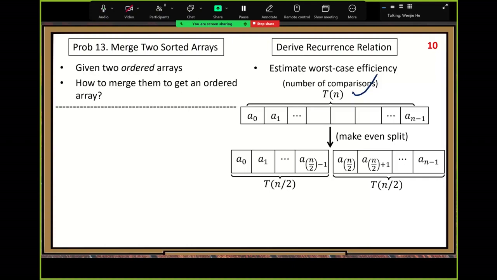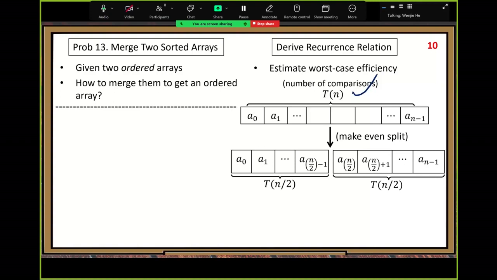After you conquer each subarray, you need to do more work, right? You need to merge two subarrays. What is the merge cost? Total number of elements minus 1.